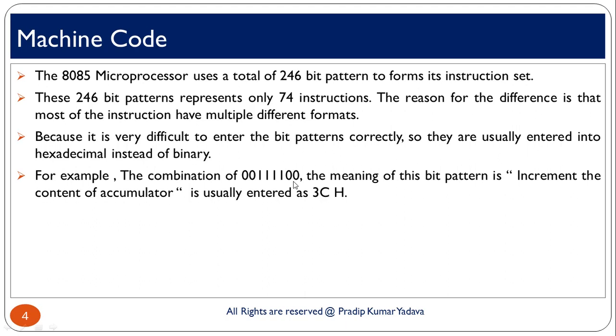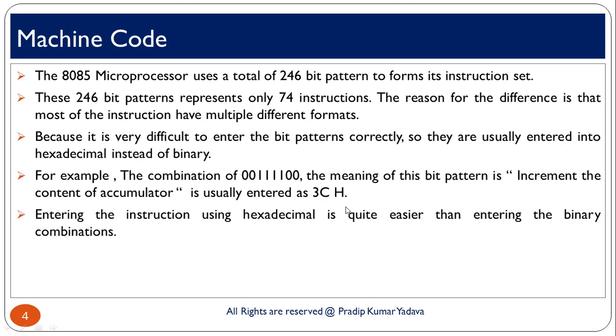So they converted this bit pattern into hexadecimal. This is the hexadecimal of that number, somewhat easier compared to this. This is 3C. But when we talk about the meaning of 3CH, it is still difficult to understand.